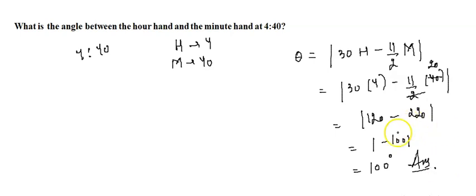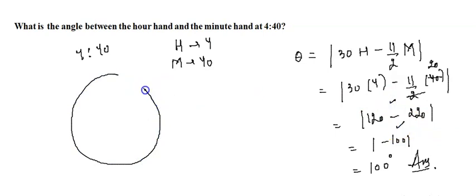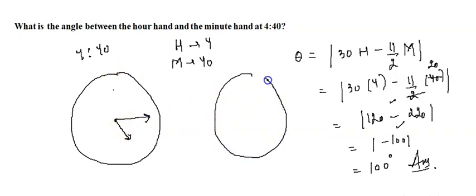Now what does this negative sign represent? In a clock there are times when the hour hand has covered a greater angle than the minute hand, but it can also be possible that the minute hand has covered a greater angle with respect to the hour hand.